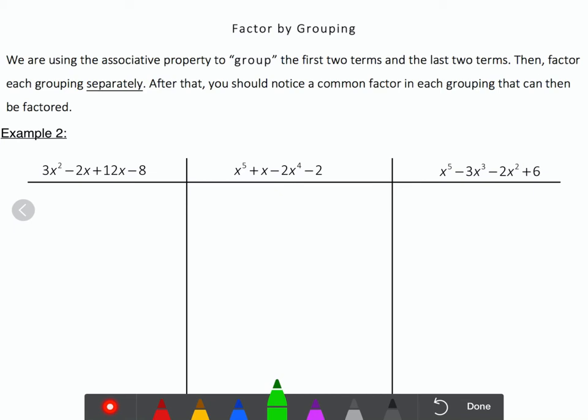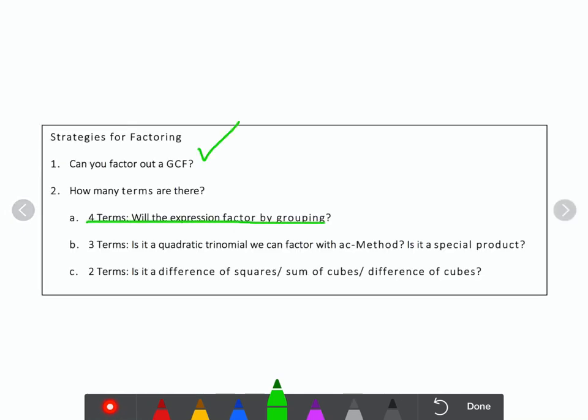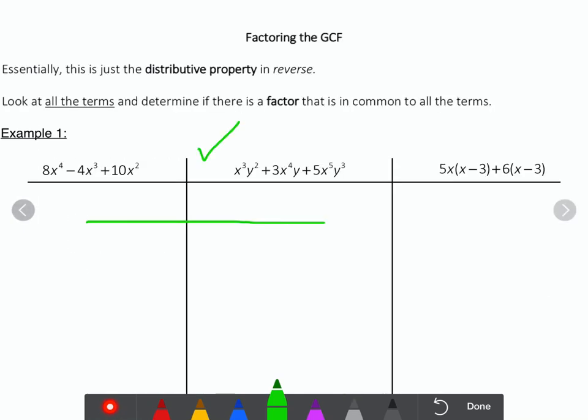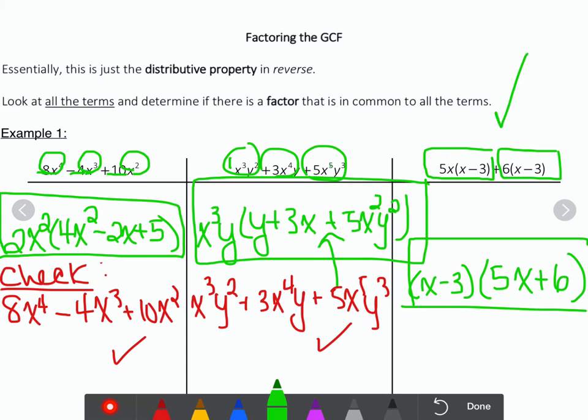Then we're going to factor each of these groupings separately. A lot of times when we factor by grouping, we have 4 terms in our expression. Okay, so again, it's going to look very similar to this example right here. That's going to be kind of like the step before our answer.